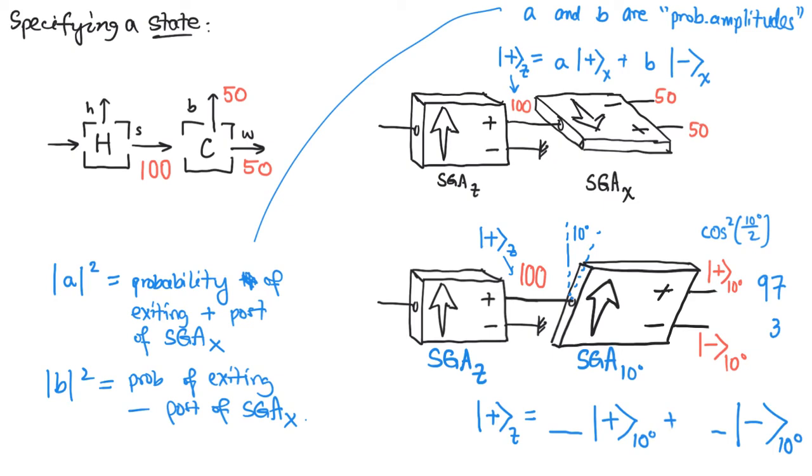Well, we can put numbers here. And I'll put for now C and D because A and B were already used before. And what we know here is that the magnitude squared of C has to be 0.97 because we have a 97% probability of coming out the plus port. And likewise, the magnitude of D squared is equal to 0.03 because we have a 3% probability of coming out the minus port.